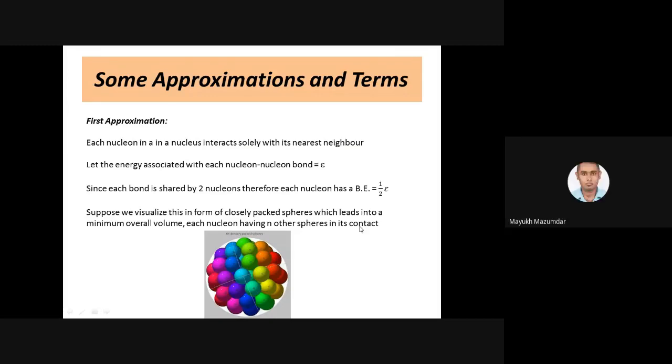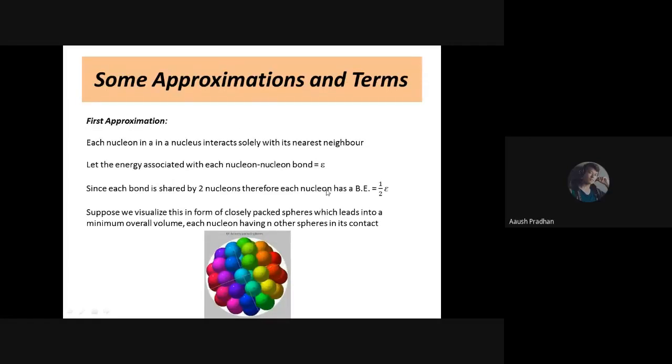When we speak of nucleon, that means proton and neutron. They will be in pairs because they are bound together. A pair can be proton-proton, proton-neutron, or neutron-neutron, so simply we are calling it a nucleon-nucleon bond. Each bond is associated with some energy. Remember this one.